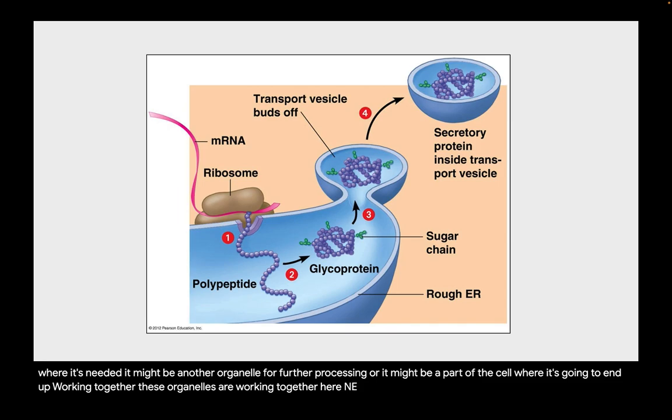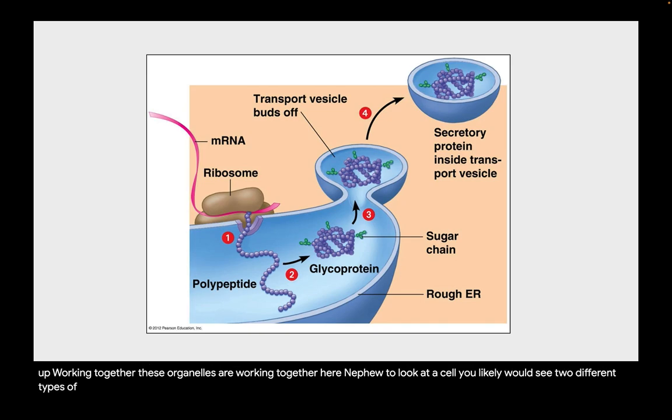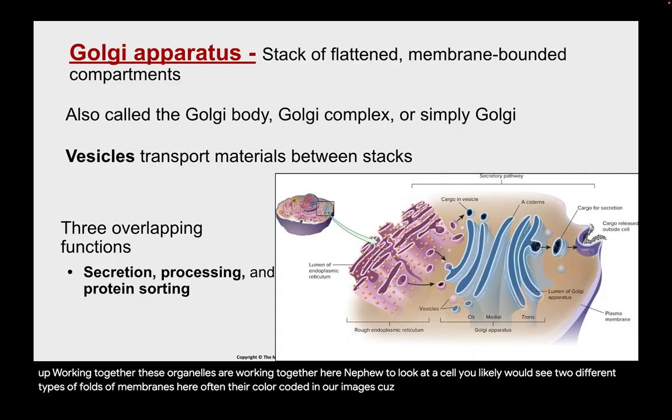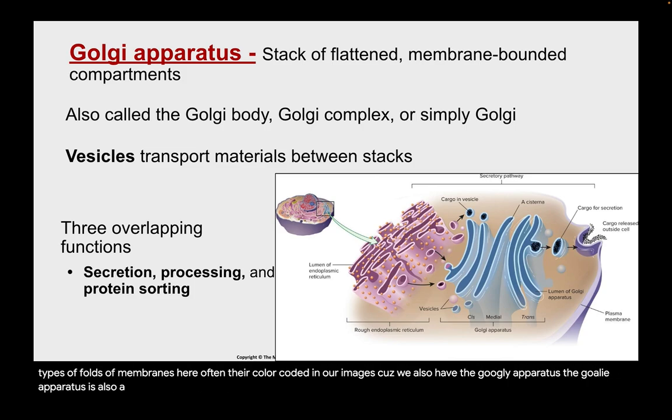Now, if you were to look at a cell, you likely would see two different types of folds of membranes here. Often they're color-coded in our images. Because we also have the Golgi apparatus. The Golgi apparatus is also a stack of flattened membranes, so these membrane-bound compartments stacked upon each other.